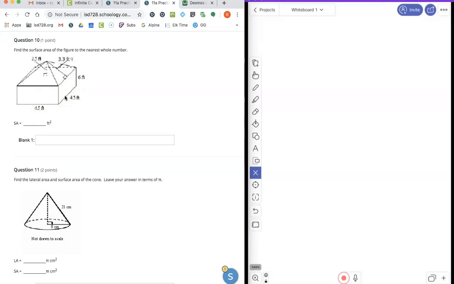So the LA of the pyramid is going to be 1/2 times the perimeter times the slanted height. We do have the slanted height for this. The slanted height is 3.3. The perimeter looks like we're 4.5 times 4.5, so it'll be the same here.